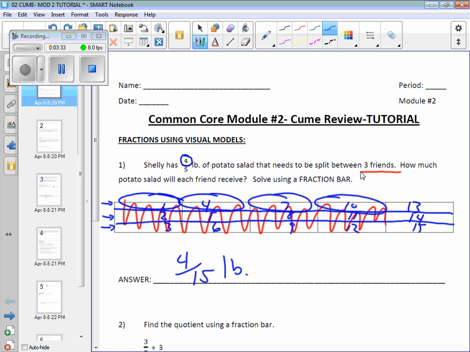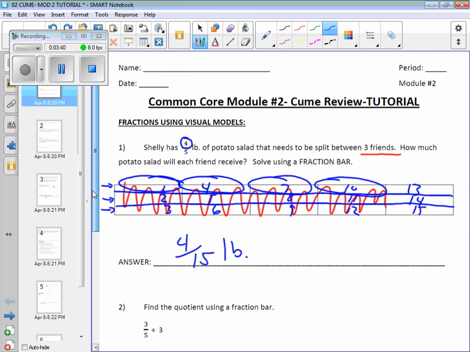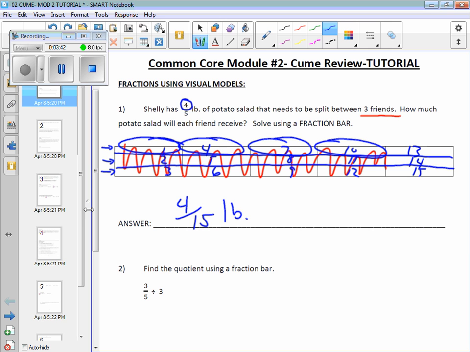We can check this by using keep, change, flip, which you will be doing regularly in the middle of this review packet. Here's how we can check it. I take my original 4/5 and I'm dividing that among 3 friends, which is an improper fraction of 3/1. Here's how keep, change, flip works. We keep the first fraction as 4/5.